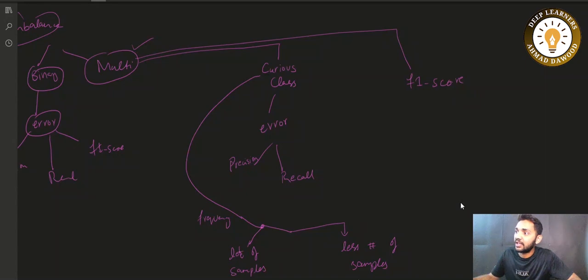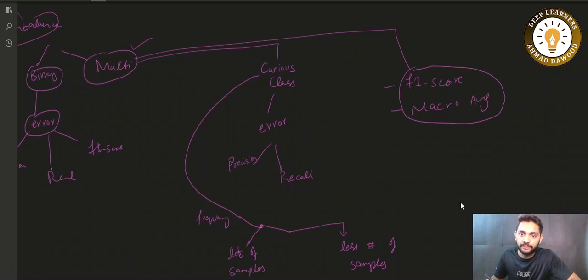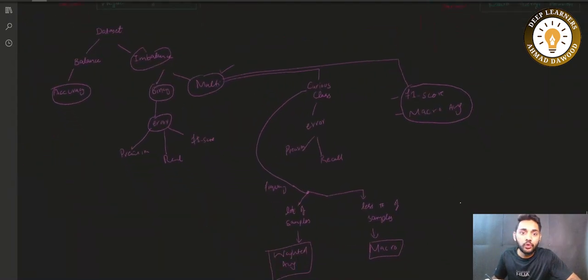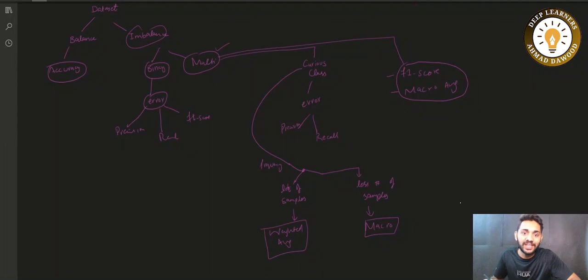And for all classes being equally important, macro average for that part. So you can also use macro average F1 score if all the classes are of equal importance in case of multi-class classification. Okay, so I hope you got an idea about the selection of a performance measure in the multi-class case.